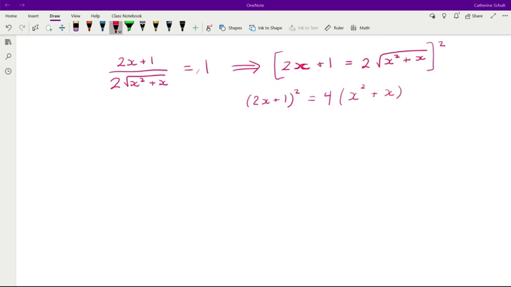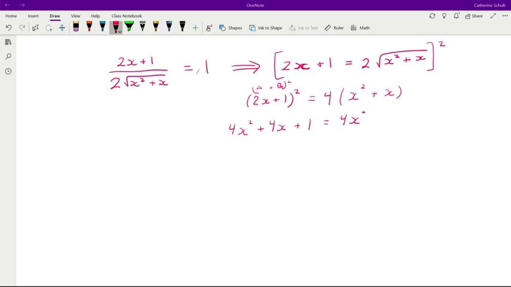So let's clean this up. So 2x plus 1 squared, that's like 2x plus 1 times 2x plus 1. So you can FOIL it, or you can remember the formula if this is a plus b all squared. The formula for that is a squared plus 2ab plus b squared.